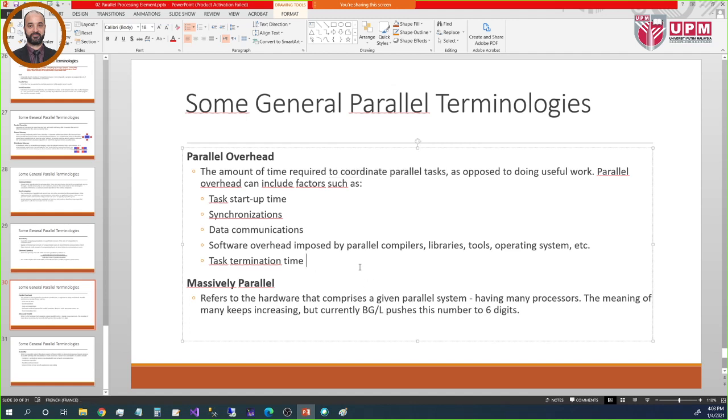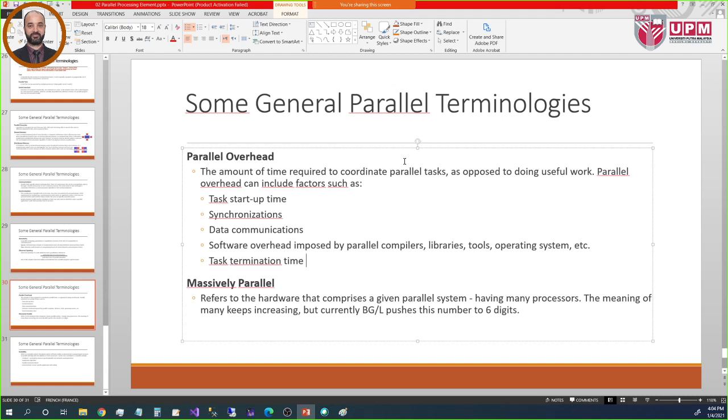As I mentioned, to run a program in parallel mode, we have to have multiple threads. Then the threads have to be managed, and we also have to keep track of the threads in order to kill them once they finish their task, to save memory, and so on. So we have to do a lot of things, including synchronization, communication, and so on. All of that is considered parallel overhead.